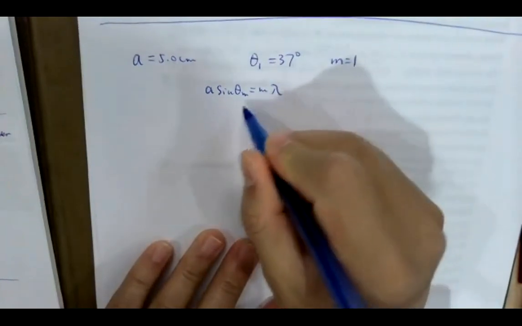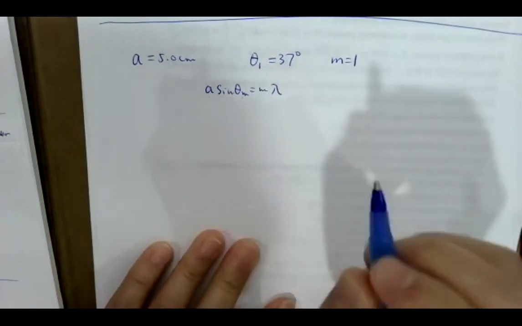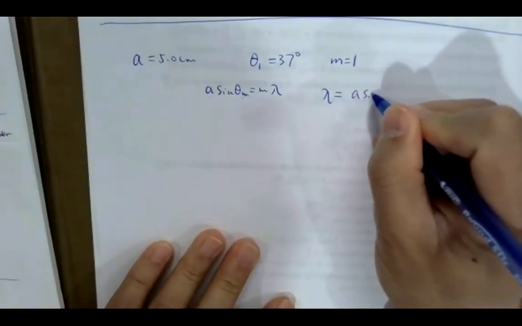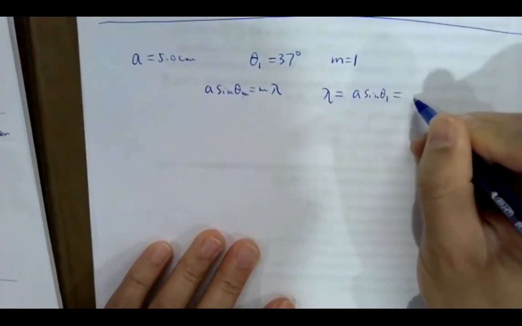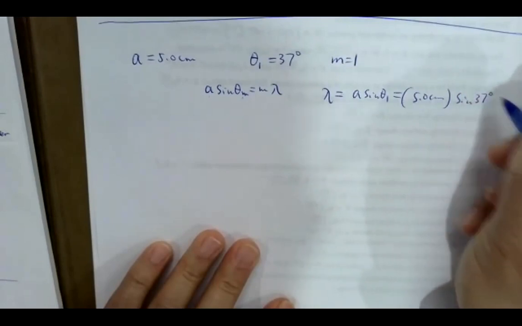So m is equal to 1, then lambda is equal to A sine theta. You have A, you have theta, so it's kind of straightforward here. A times sine of theta 1 is 5 centimeters times sine of 37 degrees.